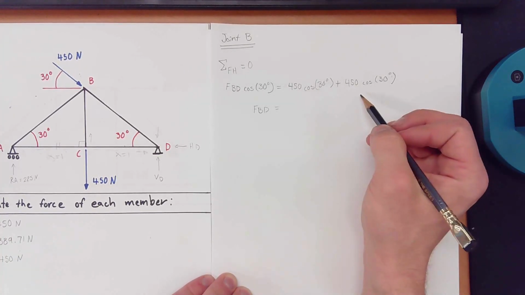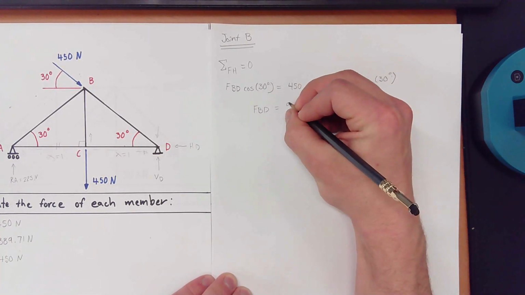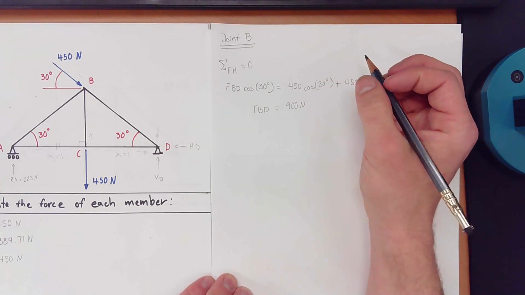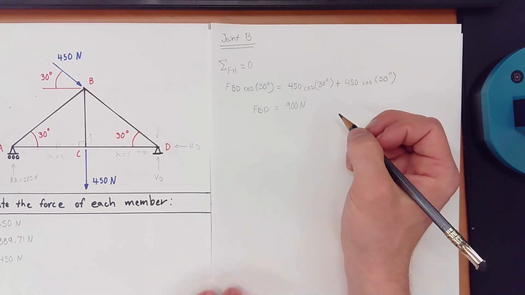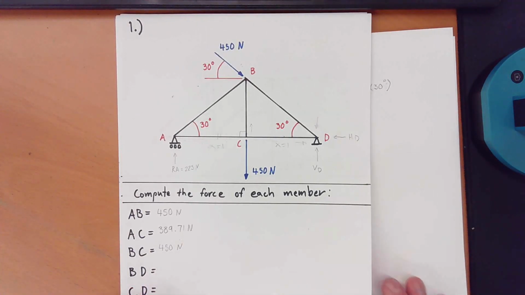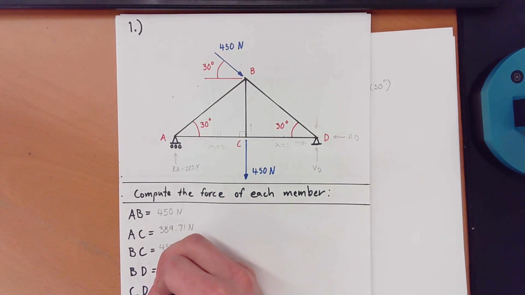Add 450 plus 450, 900 newtons. We've got FBD. FBD, 900 newtons. Let's add that to our paper. Oh, we're almost done.